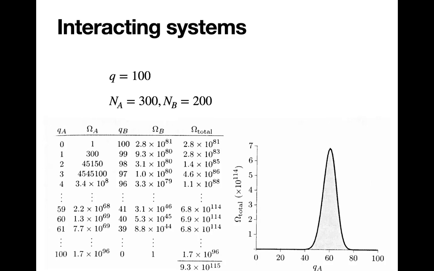So the probability of being away from that is really small unless it was set up that way to start with. And if we did set it up with all the energy in object B to start, and looked at it at some random later time, we would definitely find it near the center of that peak, near the point where the energy distribution relates to the size of the objects.